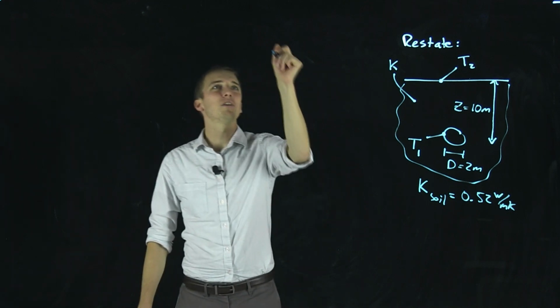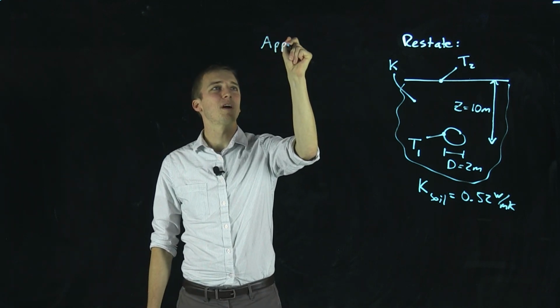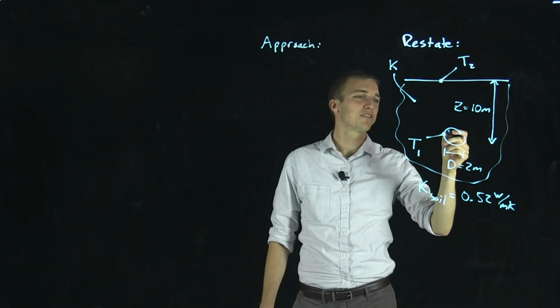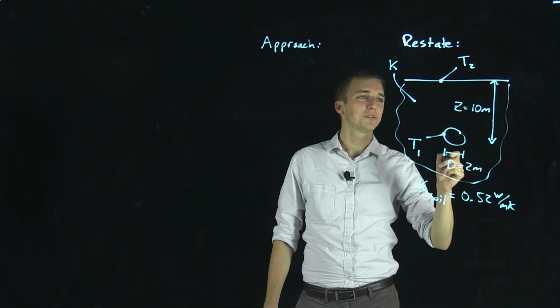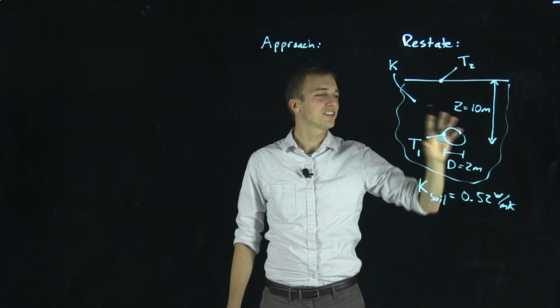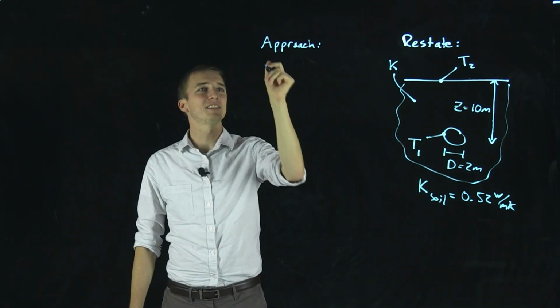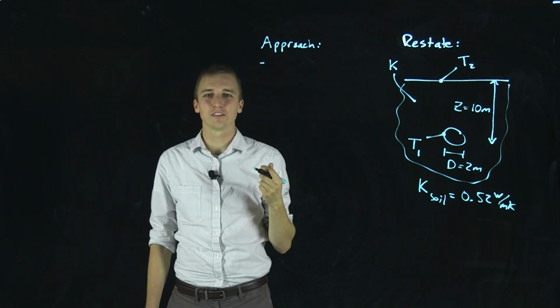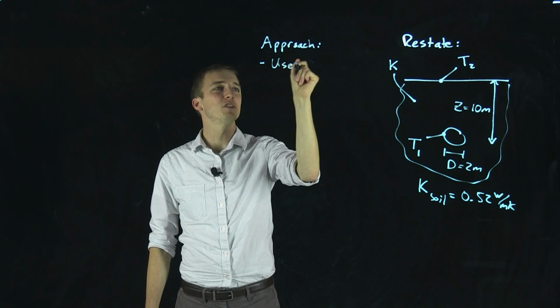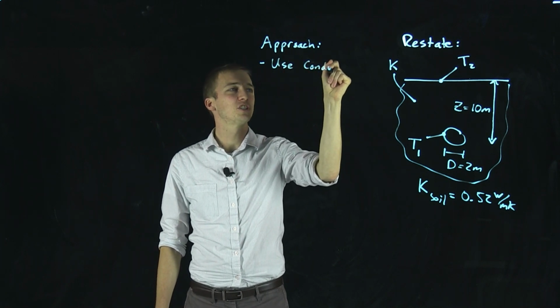Okay, so our approach for this problem, since we're going to have heat flowing in multiple directions, not just 1D, we need to not make a 1D assumption, but instead to use two-dimensional approaches for heat conduction. In this case, we're going to use a conduction shape factor.